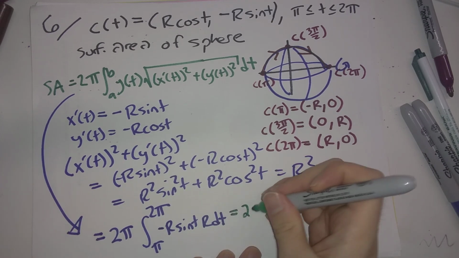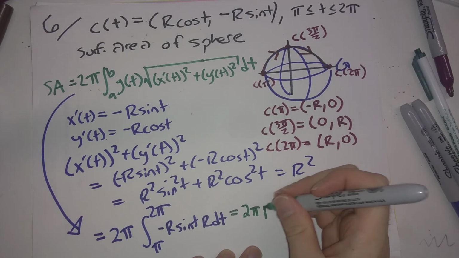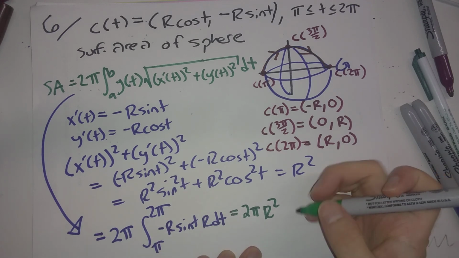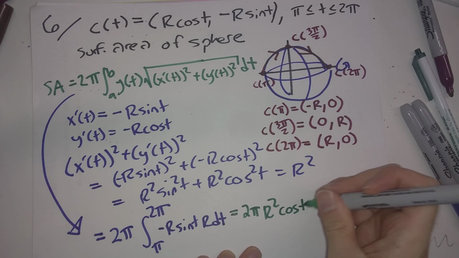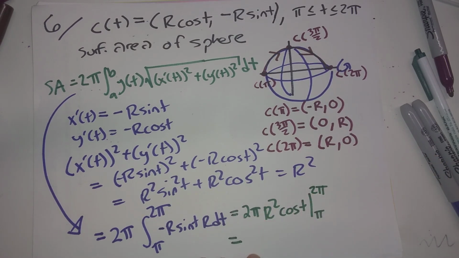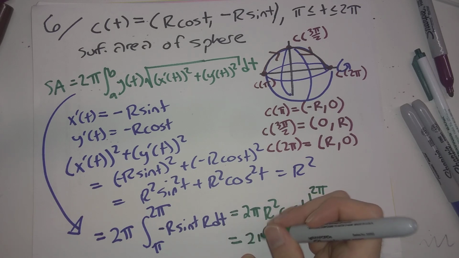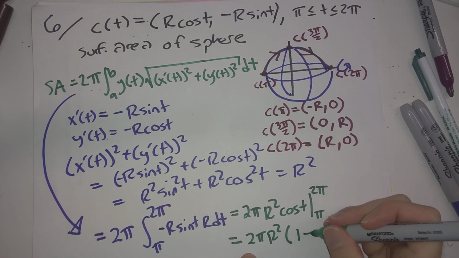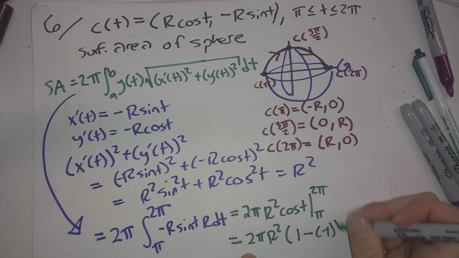So let's see, what do we have here? We have 2 pi times r squared. The antiderivative of negative sine of t is cosine t. Plug in pi and 2 pi. So 2 pi r squared times cosine of 2 pi, which is 1, minus cosine of pi, which is minus 1.